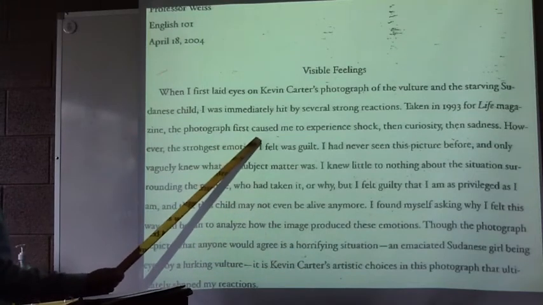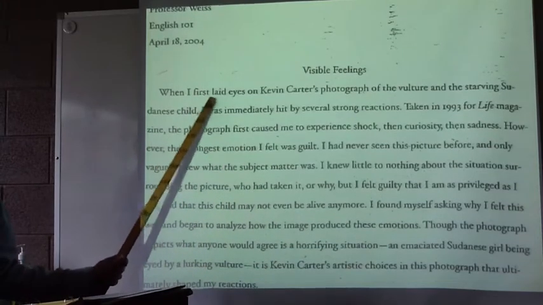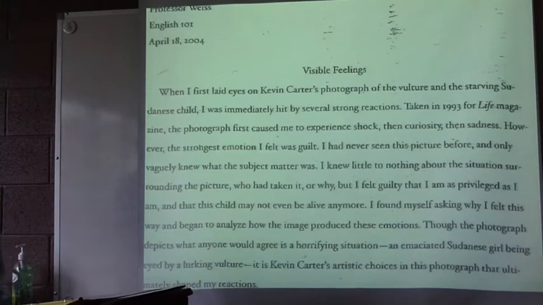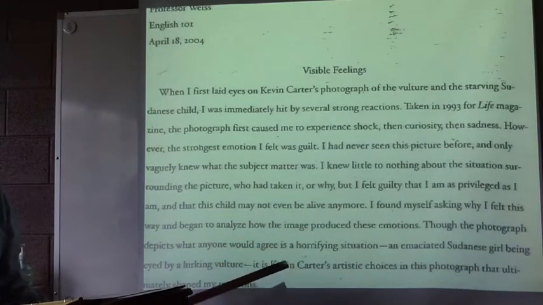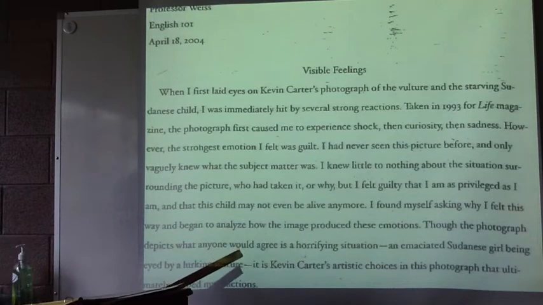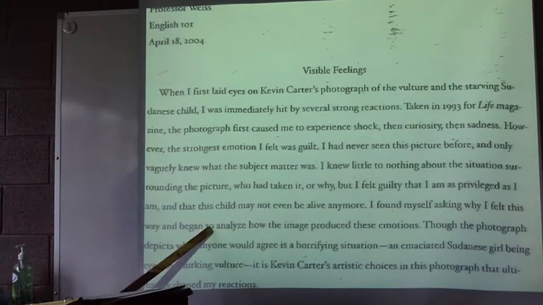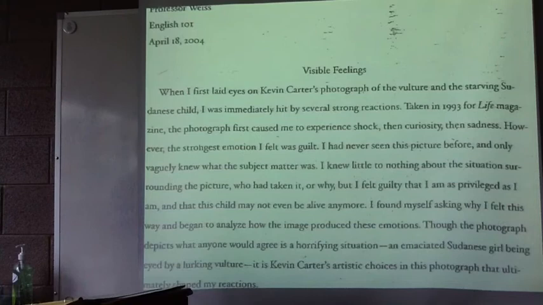So his cause-effect photographed these emotions. "However, the strongest was guilt. I had never seen the picture before, only vaguely knew what the subject matter was. I knew little or nothing about the situation, who had taken it, why, but I felt guilty." So he was strongly affected by the photo. But why did he feel that way, he expresses here. And he's going to go into the details of the photographer's techniques that made him feel that way.